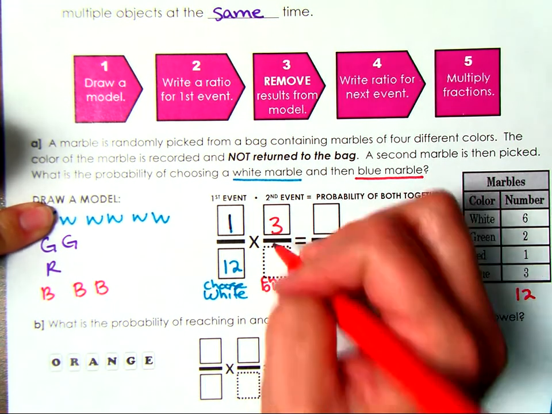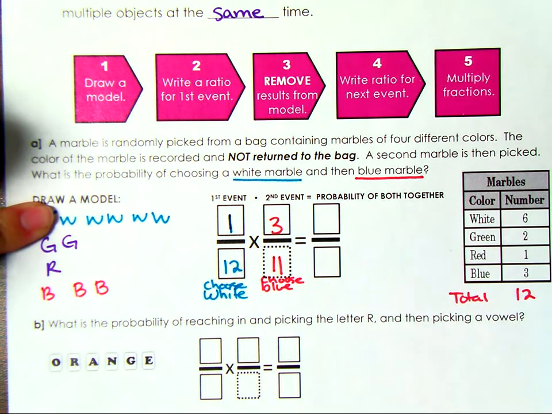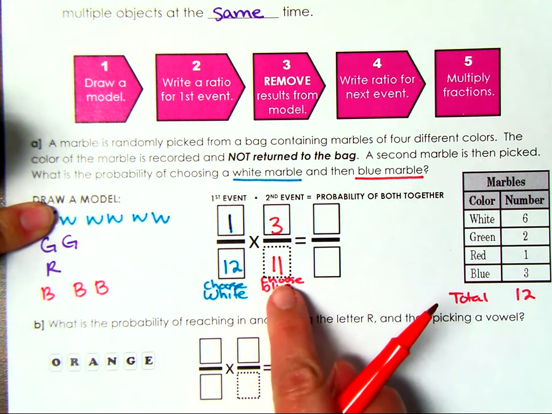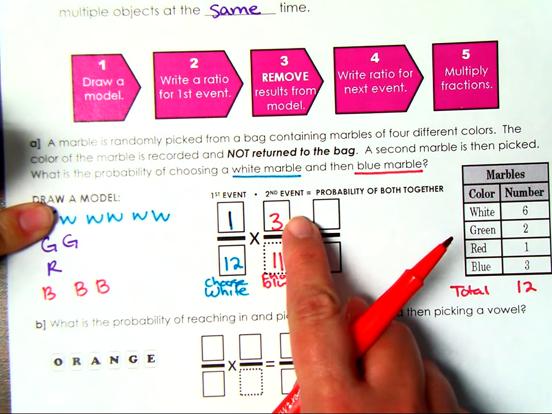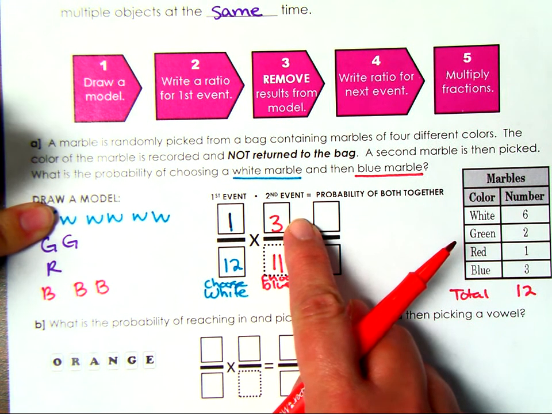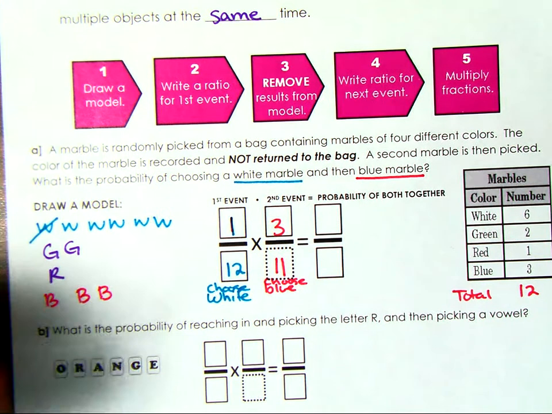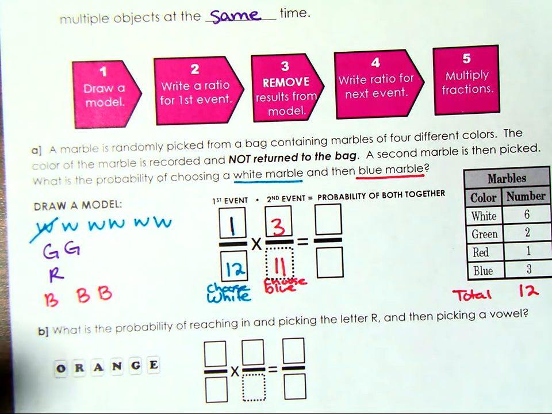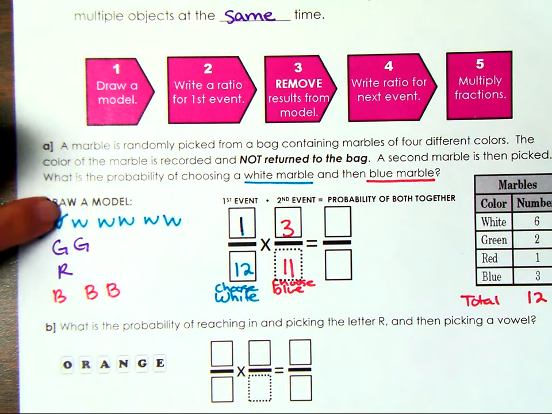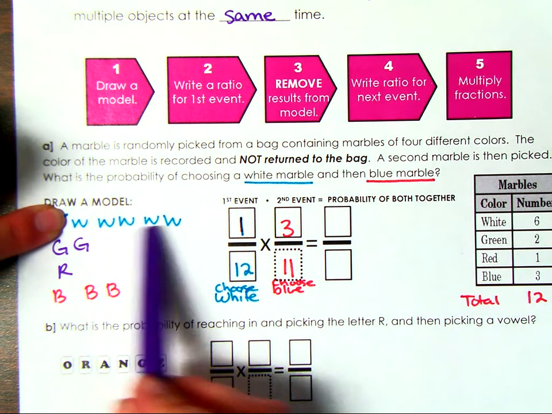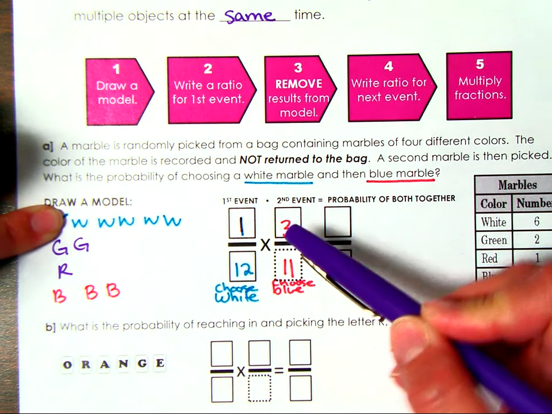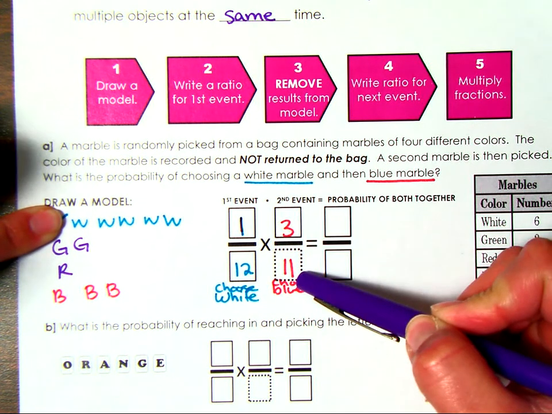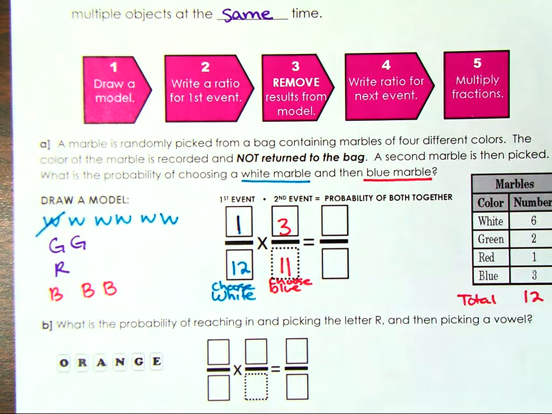Nope, there's 1 less. So what happens with a dependent event is your total is going to change. Sometimes your part changes, but only if it's the same color, and we'll see that in just a minute. Me taking the white marble out only affected how many white marbles were left, but it also affected the total. So I still see 3 blue, but now I don't have 12 marbles because I kept that other one.